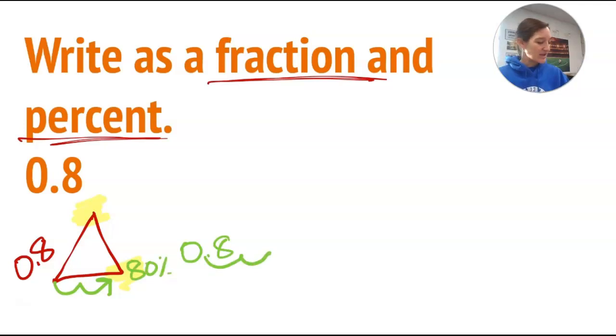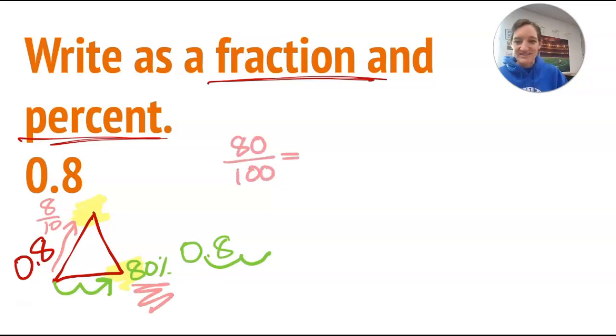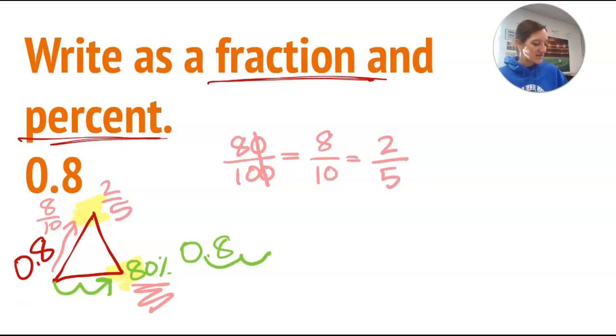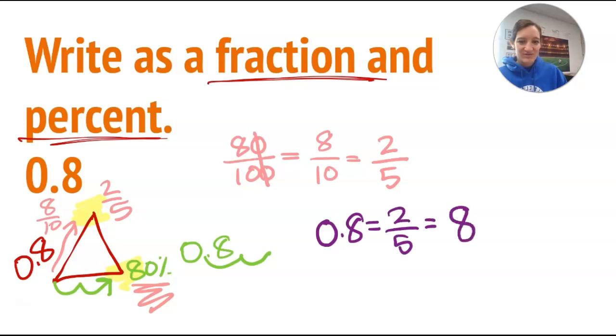Then I could either write 8/10 and simplify it, or I could take this 80% and put it over 100 and simplify it. Divide them both by 10, get 8/10, divide those both by half, and get 2/5. So here's what I just found out. I found out that 8/10 is equal to 2/5, and it's also equal to 80%.